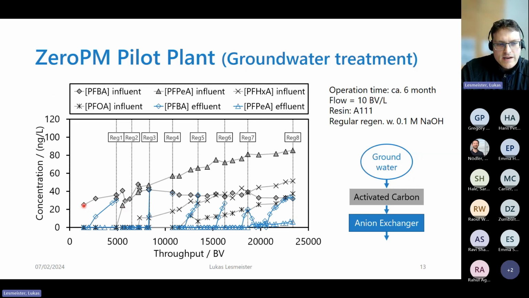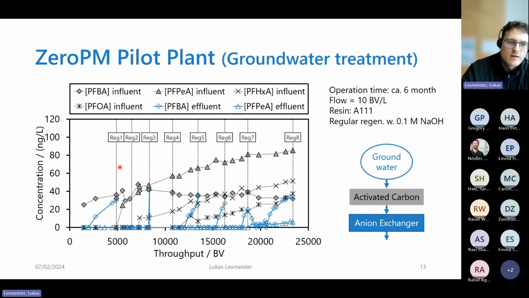And we see that in gray, the concentrations of PFAS increase in the effluent of the activated carbon filter within the course of 6 months of operation for now. And in blue, breakthroughs in the effluent of the anion exchange resin.